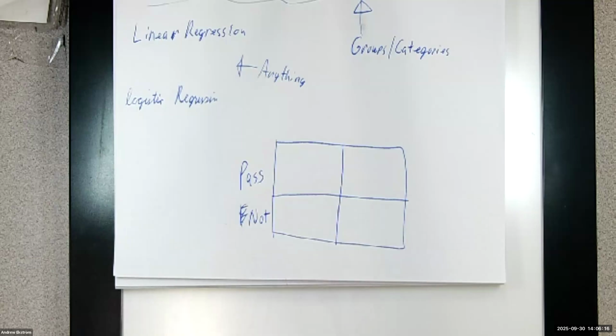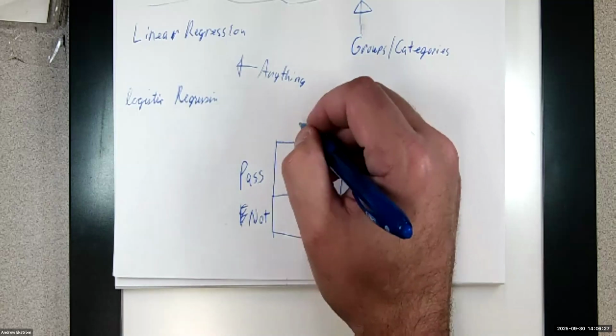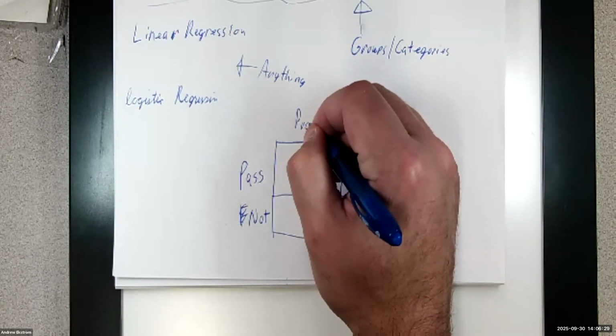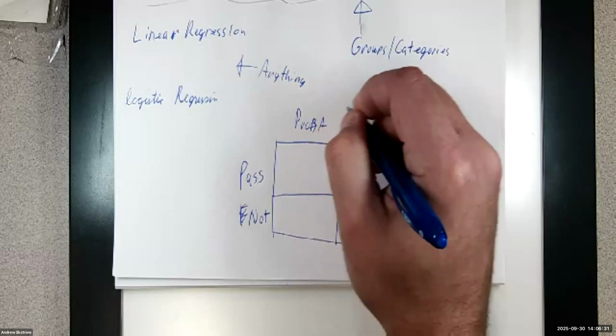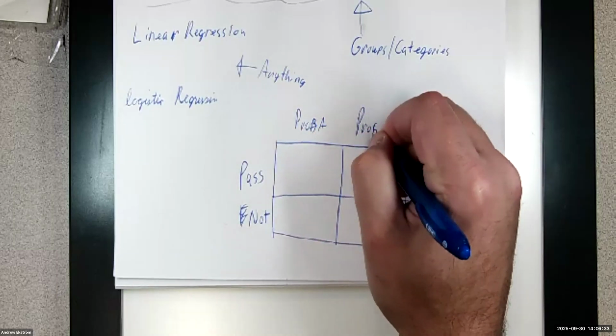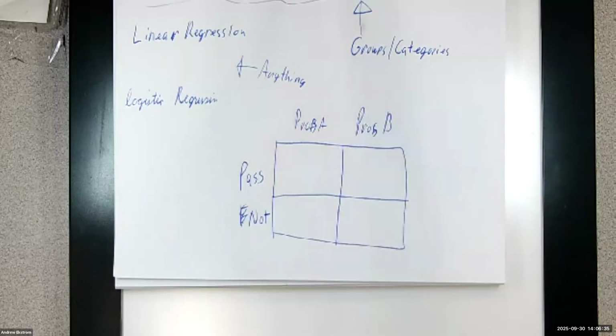So when I say not pass, what does that mean? They took the class and either dropped it or failed it, okay? So they didn't pass the class. And then we can look at, say, Professor A versus Professor B.